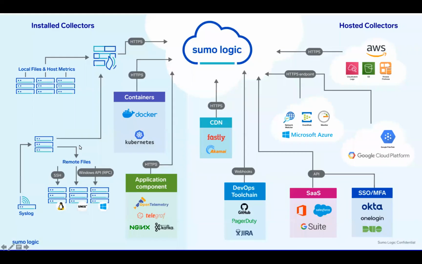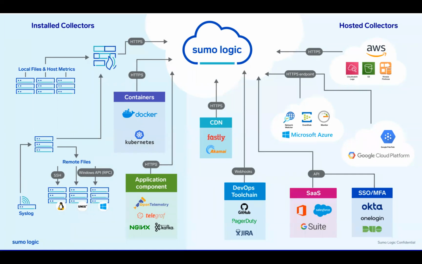Now, here in Sumo Logic, how do we collect things? This is our collection diagram, and it is not only for logs. We can collect logs, metrics, events, and traces from different sources. We are a SaaS platform, a continuous intelligence SaaS offering, and we can collect data from everywhere.